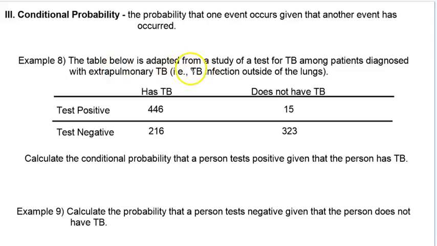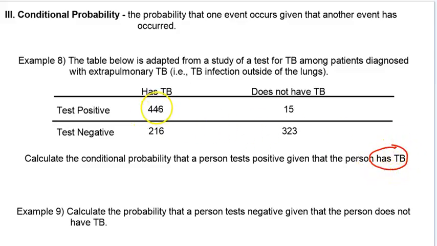So the table below was adapted from a study of a test for TB among patients diagnosed with extrapulmonary TB. You see our numbers here. Calculate the conditional probability that a person tests positive. Okay, so these two numbers here involve people who test positive, but let's read on. Given that the person has TB.